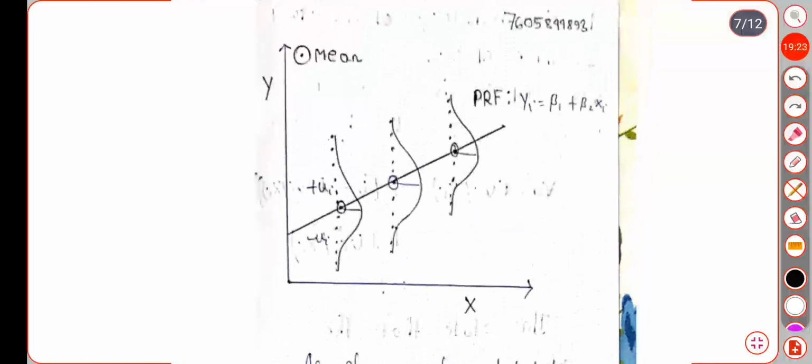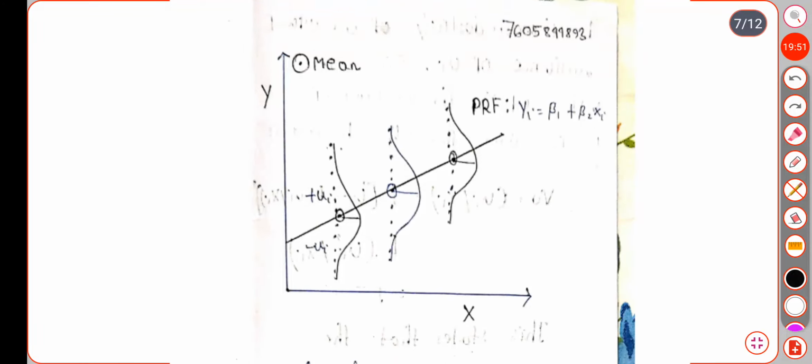When we take the x on the x-axis and the y on the y-axis, and we plot the data points with the help of a scatter plot, we get multiple points. From those points, we create a best fit line. What is the criterion that we follow for creating that best fit line? That best fit line has the minimum distance from all the points.